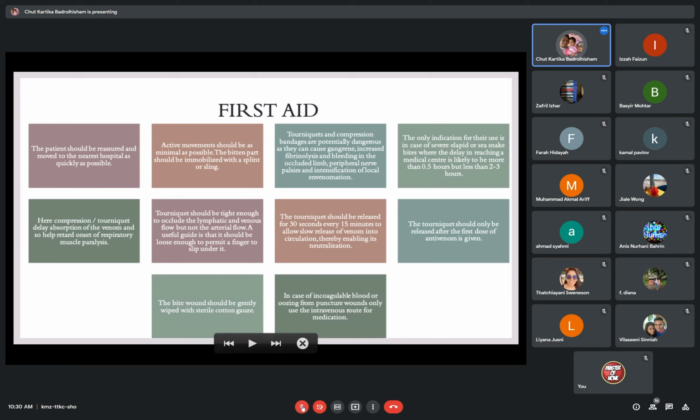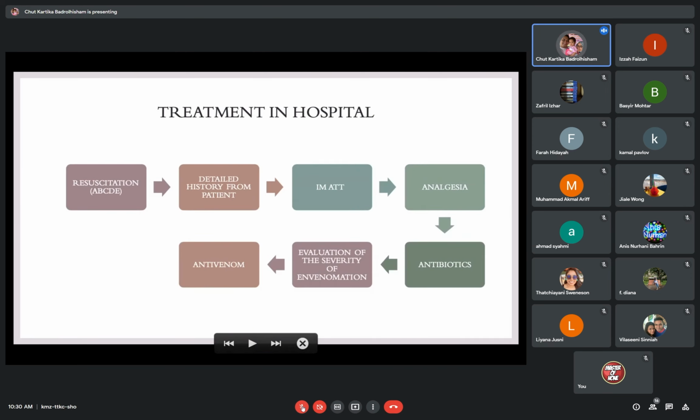Okay, at the ED, when the patient arrives, make sure to resuscitate first, ABCD, and then take a detailed history, and then give tetanus toxoid and antibiotics. So you have to evaluate.